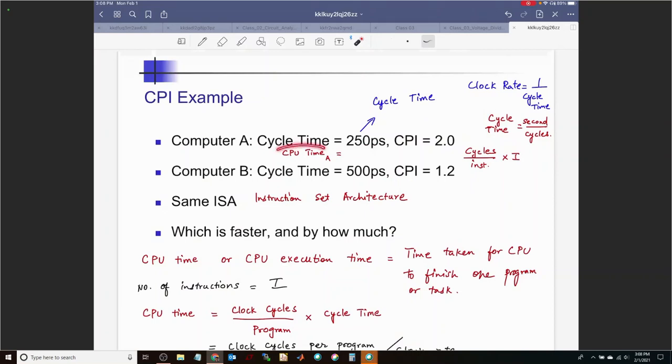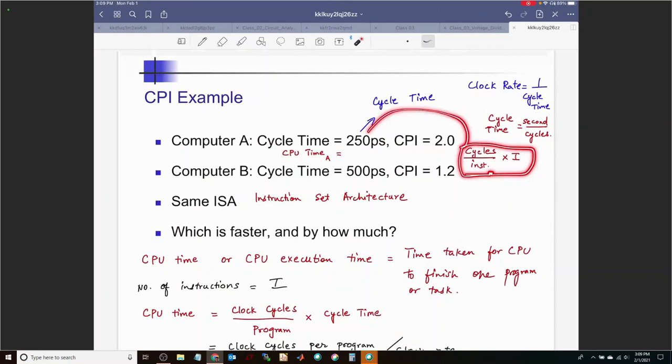So what would be the total CPU time to execute I instructions? It would be the multiplication of the three, right? Can you see that? Cycles per instruction multiplied by I gives us the number of cycles required to do I instructions.